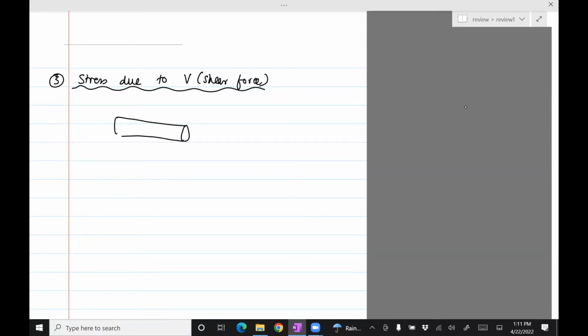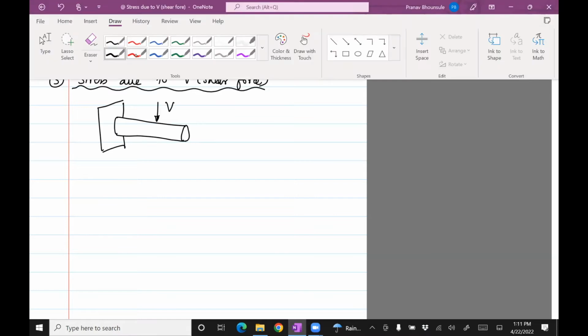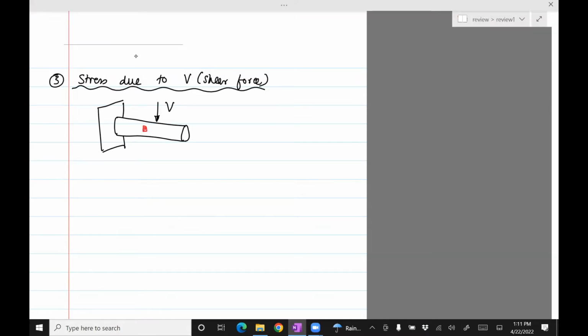Okay, the third one is stress due to shear force. So for this, we think of something which is loaded in shear. So assume that there's a force P. And then we are trying to compute the shear stress on an element.